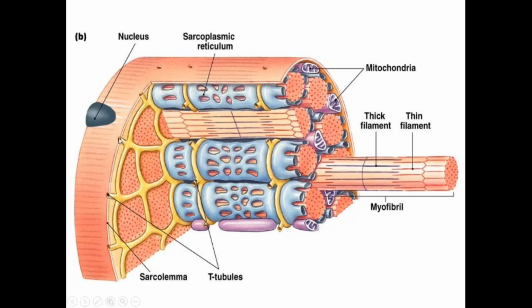Again, here you can see invagination of the cell membrane surrounding all myofibrils, and this cell membrane, like an electrical wire, comes deeply into the sarcoplasm and triggers release of calcium from the sarcoplasmic reticulum.